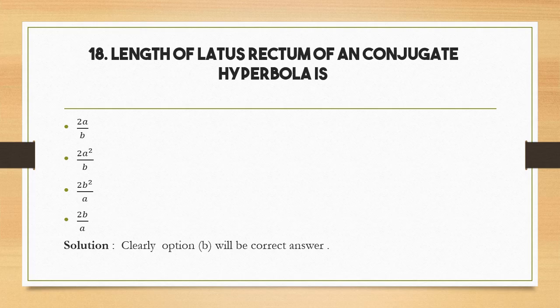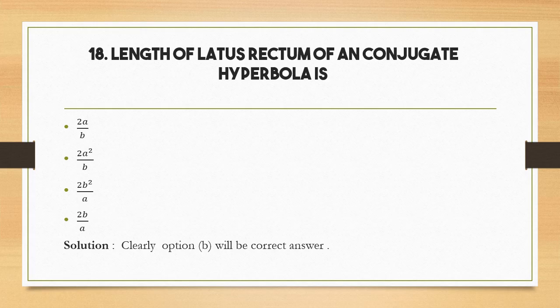Length of latus rectum of a conjugate hyperbola is... So what is a conjugate hyperbola? We all know that if in a hyperbola the transverse axis and conjugate axis are interchanged, such hyperbolas are called conjugate hyperbolas. For a normal hyperbola, x square by a square minus y square by b square equal to 1, its latus rectum is 2b square by a.